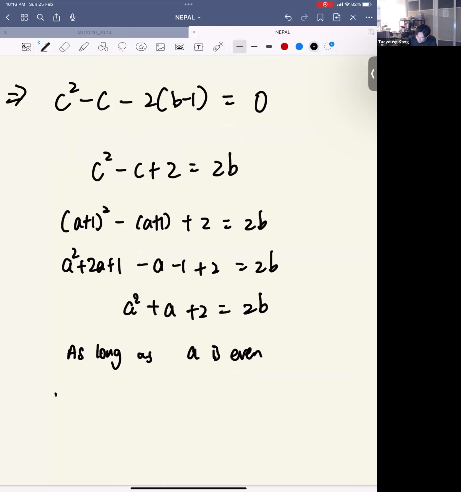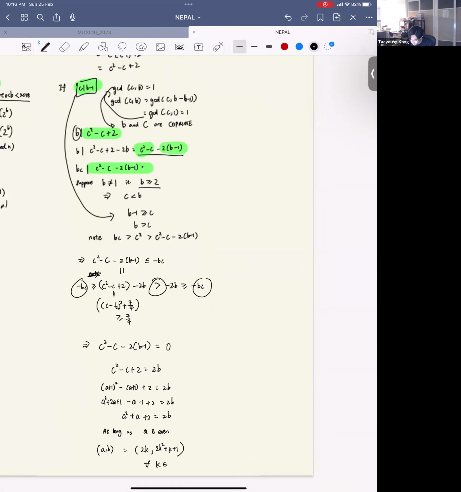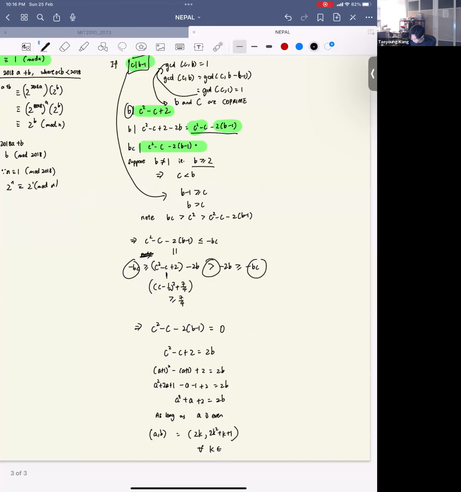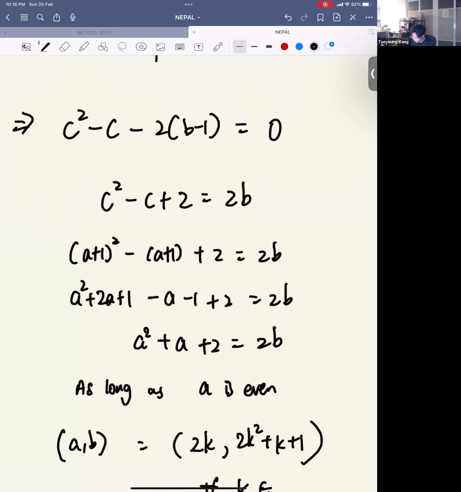So the solution set is a, b equals 2k, and then 4k squared, so it will be 2k squared plus k plus 1, for all k that is a positive integer.